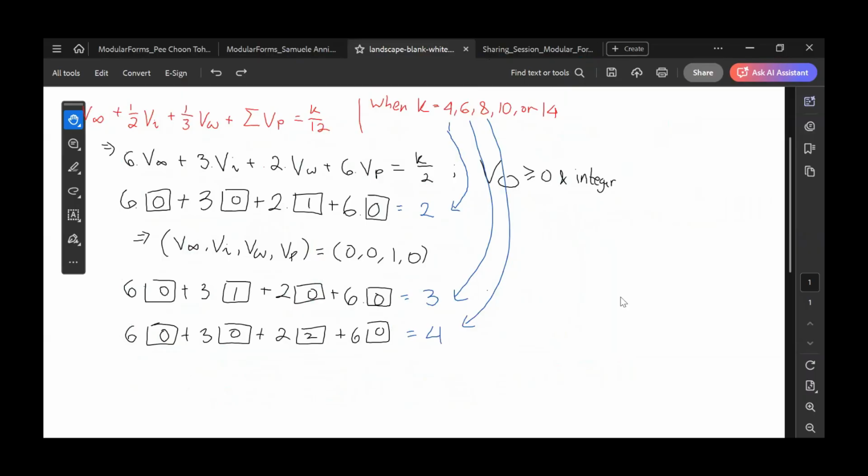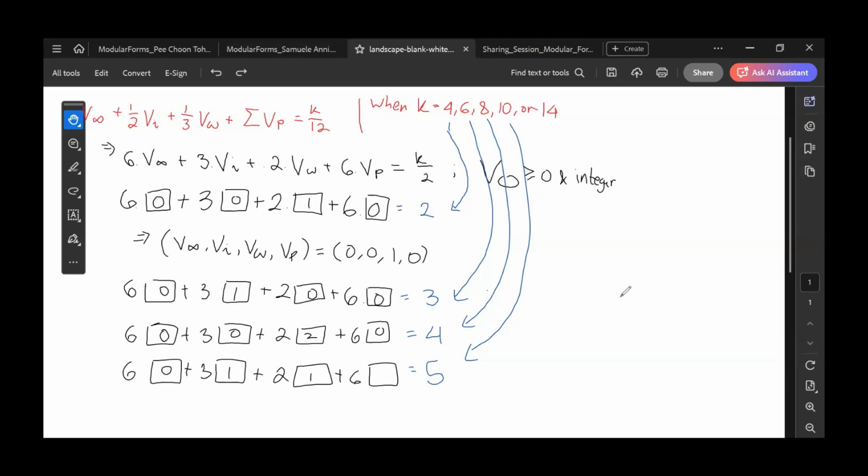Now, how about if it is 10? Then it is 5. For 5, the only way to make 5 is if this is 0, this is 1, this is 1, and this is 0.